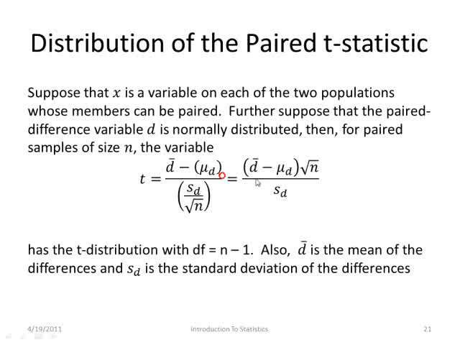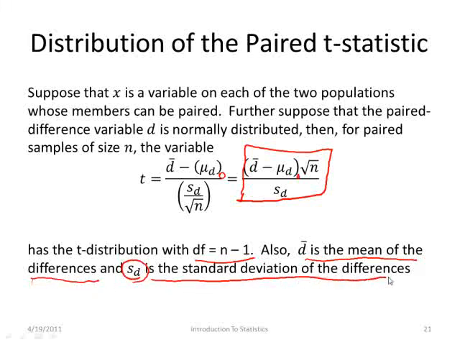So again, inverting and multiplying for computational purposes, this is going to be our studentized t test statistic, where the degrees of freedom is n minus 1. So this d bar is going to be the mean of the pairwise differences, and s sub d is going to be the standard deviation of the differences.